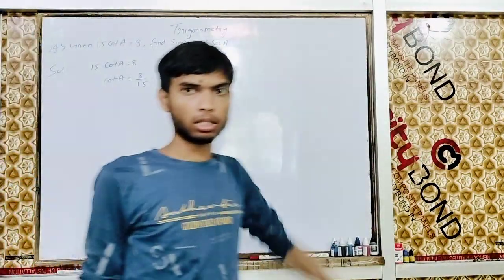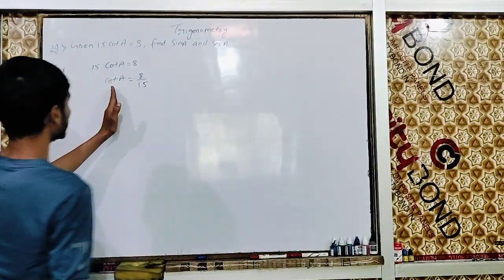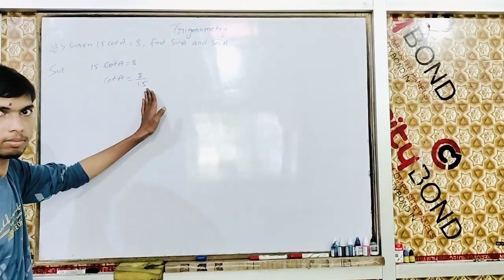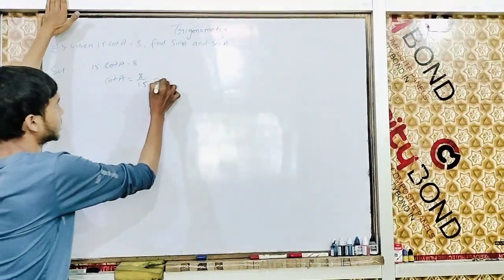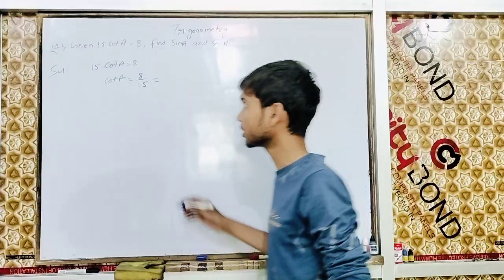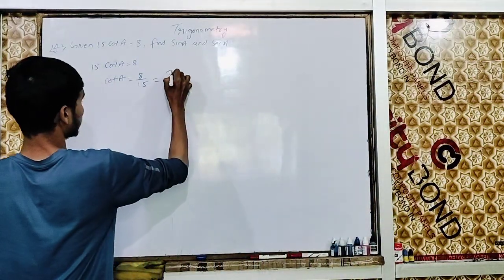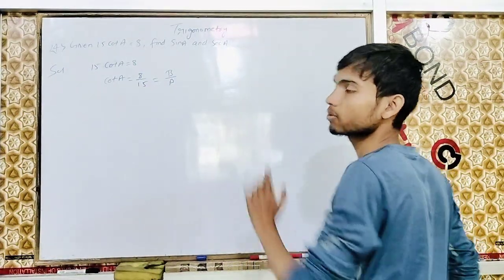Now you are observing something: the ratio of cot A is this. Now we know that the ratio of cot is nothing but base upon perpendicular. And here B is 8 and P is 15.